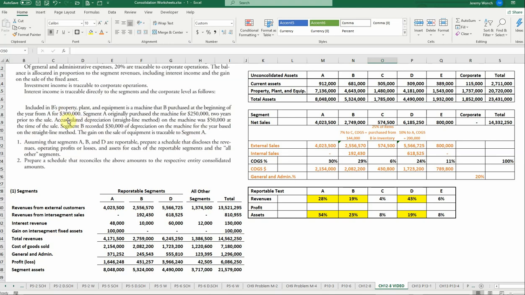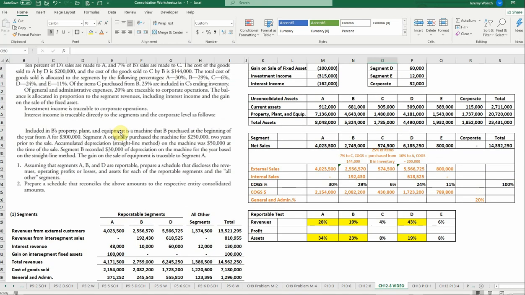So they paid $300,000 for it. They're depreciating $30,000 a year, so you can tell it has a 10-year life. The overstatement is that the original value was the 250 minus 50, so 200,000, and they're depreciating it at 300,000. So they're overvaluing it by 100,000, which is also our gain.